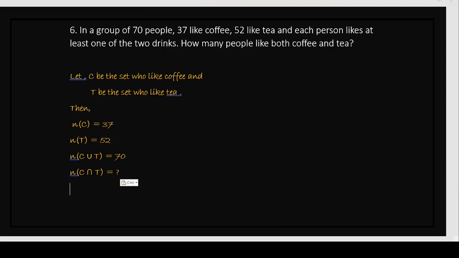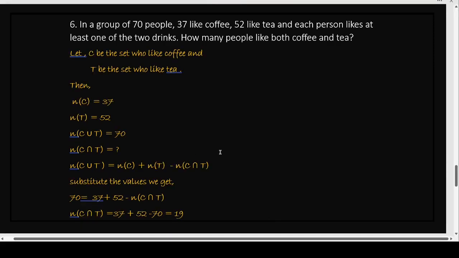With the usual substitutions, n(C union T) is 70, n(C) is 37, n(T) is 52, and C intersection T is what we have to find out. With simplification, we get 37 plus 52 minus 70, which equals 19. So n(C intersection T) is 19. So 19 people like both coffee and tea.